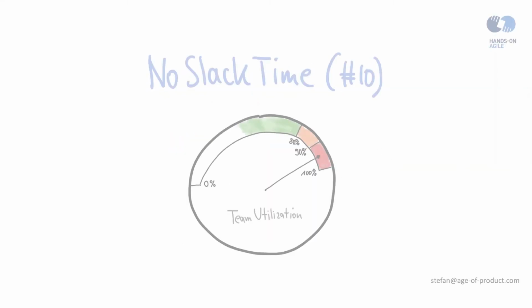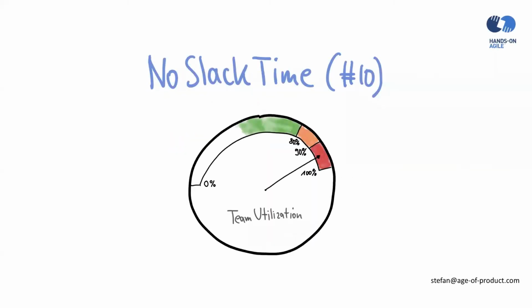Number 10, no slack time. If I remember Reinertsen right, the maximum of a system's throughput is achieved around the utilization level of probably 80%. Anything beyond that will actually reduce the throughput for a very simple reason, because there is no flexibility built into the whole system to handle disruptions like urgent bugs or small product increments that you need to deliver in between.